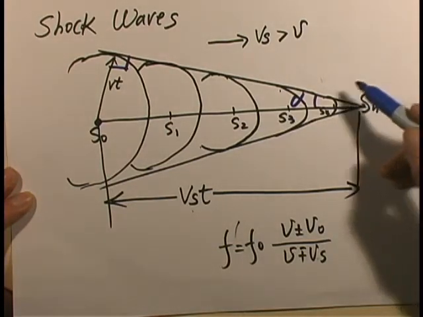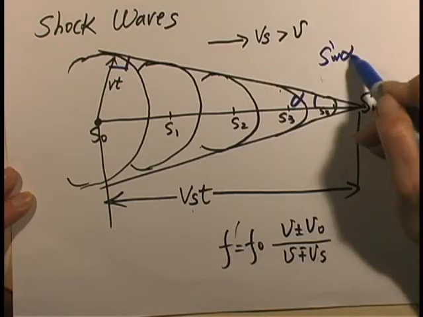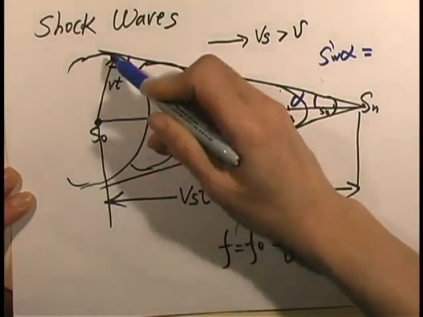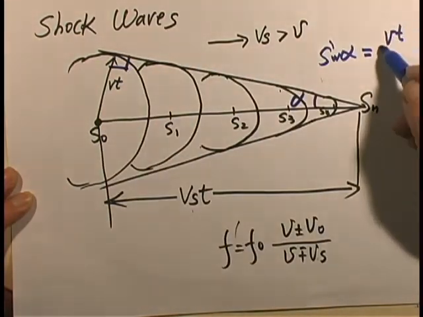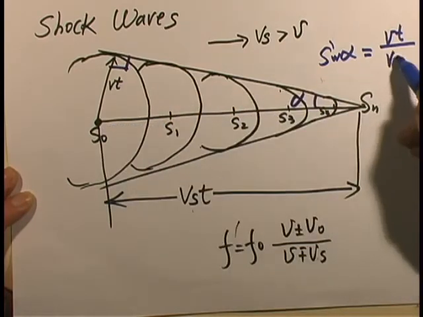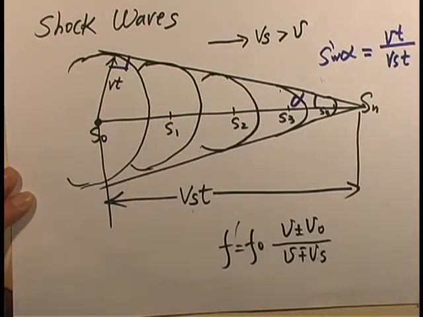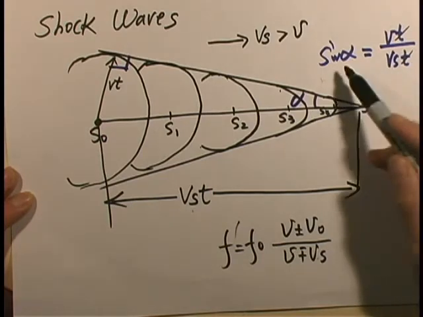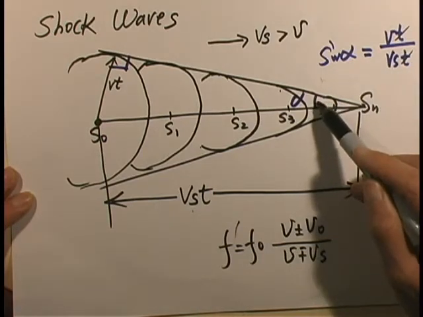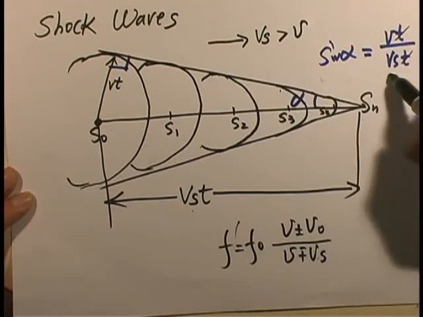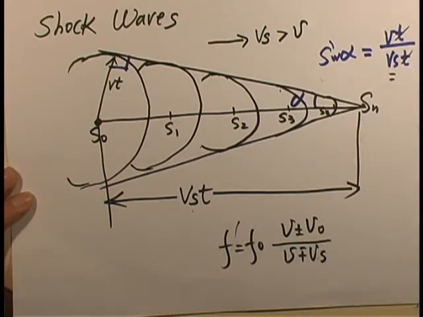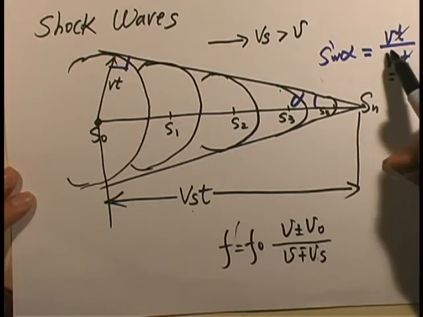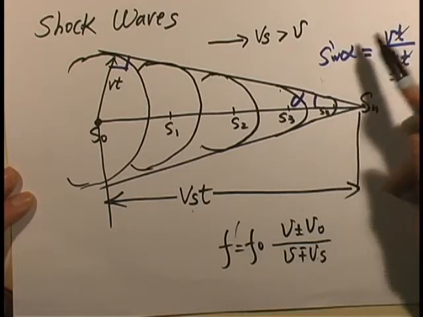If we use the sine of alpha, that is the opposite side, v t, divided by the hypotenuse, which is v s times t, and the time interval cancels. Either we know this angle, and we can find how fast the source travels, or we know how fast the source travels, and vice versa, we can find this angle.